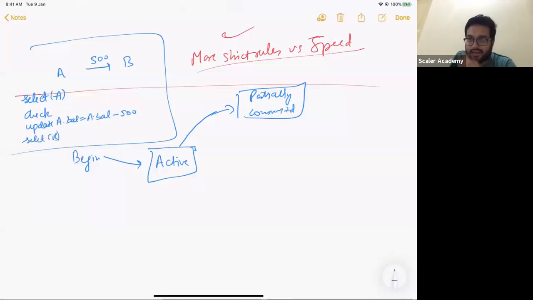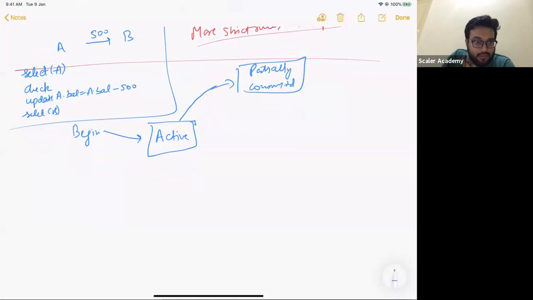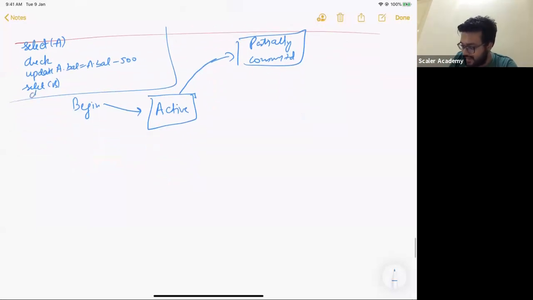Why do I want to check that? Maybe there is an upper limit. Maybe B has stored tens of crores of rupees in that account, and the government doesn't let more be added and we want to deposit 500 rupees. So you select whether that particular account has hit the maximum limit or not. Then you check it again and then you update it.